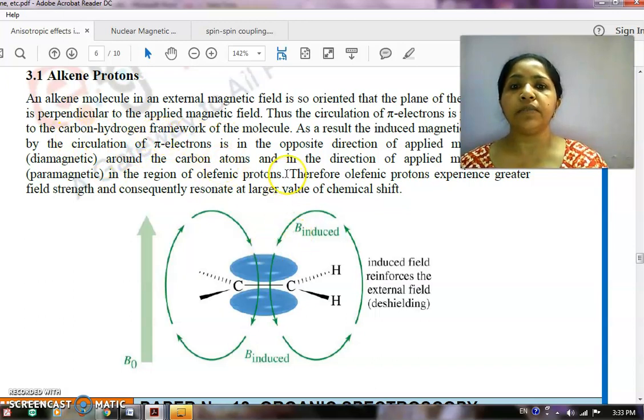So the electrons start circulating, and they circulate in such a direction that it is perpendicular to the carbon-hydrogen framework. Now what is the circulation? You can see this is the direction.